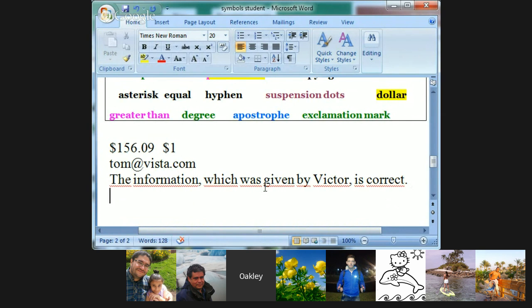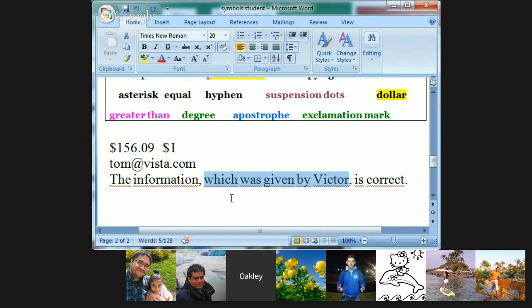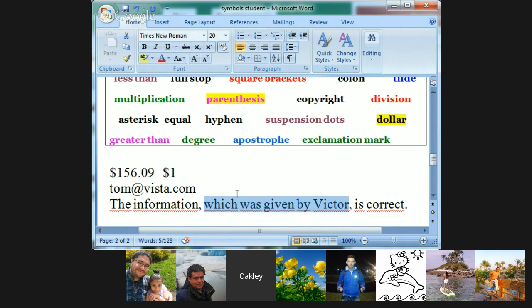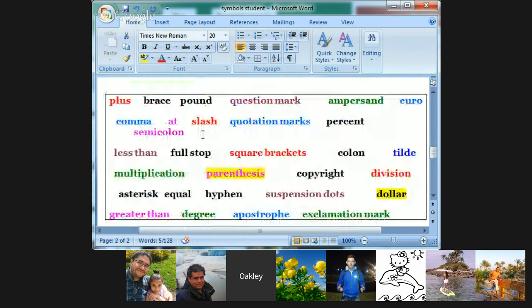That's the point. So when you have parentheses, you can ignore the information. As Victor indicated, he was absolutely right about that. However, if you're reading and you see a relative clause, you should actually read the full text. That's the only difference between the parentheses and using a relative clause. They actually perform the same function.